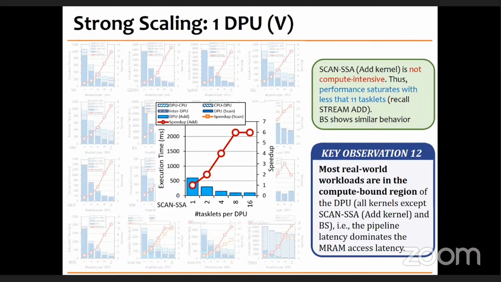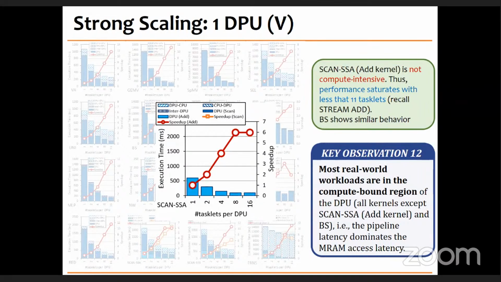Recall a stream copy and a stream add, where we have seen that the saturation point happens before 11 tasklets. In particular for add, it happened with 6 tasklets. So what we see here is that there is no performance increase from 8 to 16 because the saturation point has happened before, because this particular scan SSA add is memory bound, which is not the normal thing.